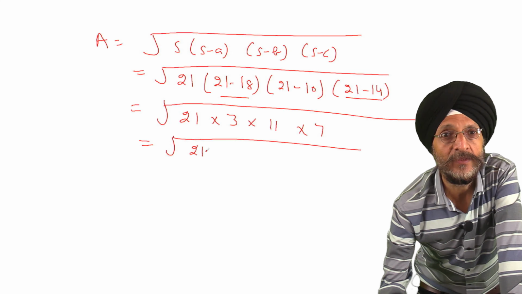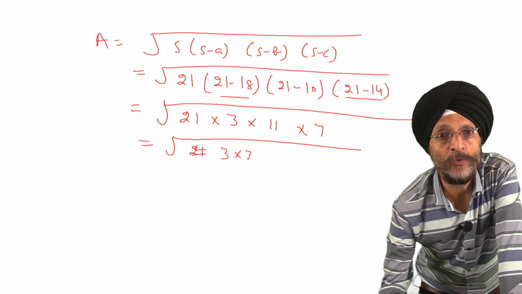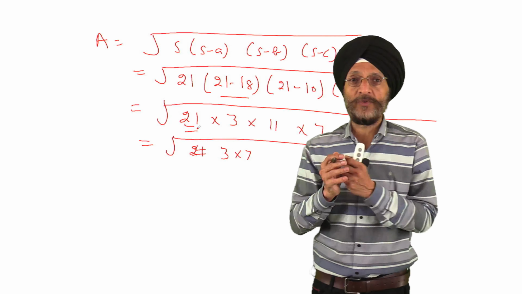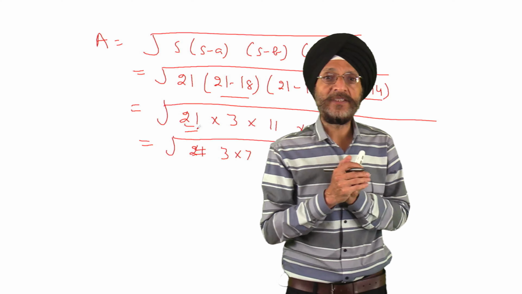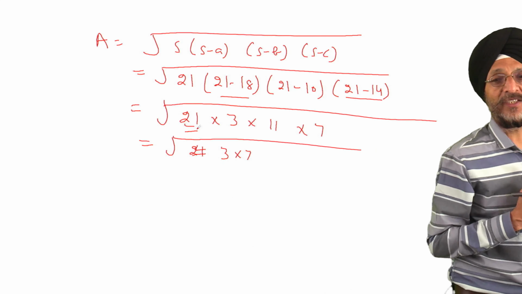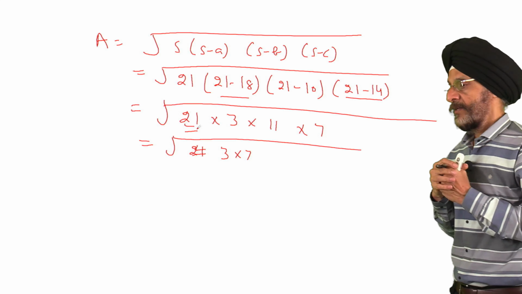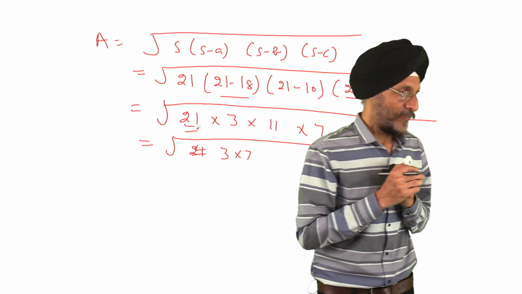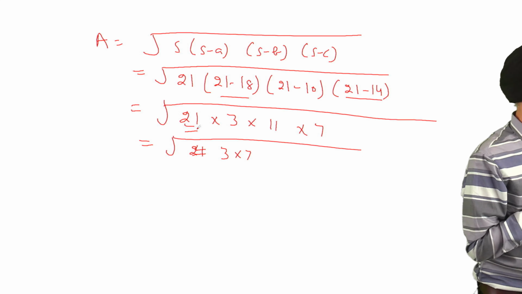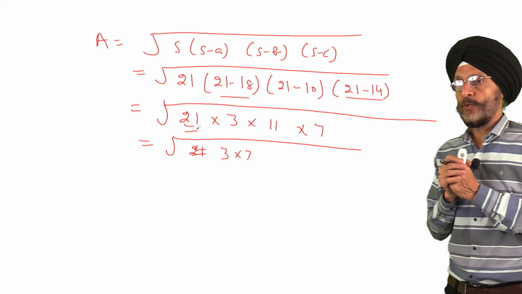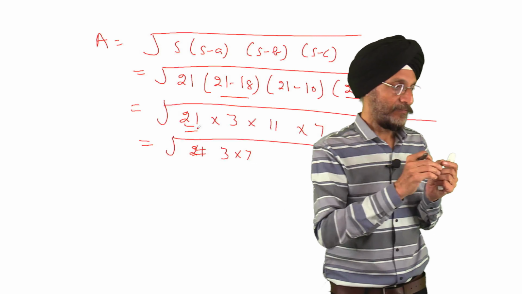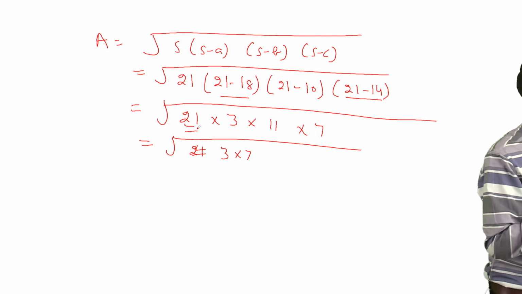21, we can write 21 as 3 into 7. We will do prime factorization of 21. What is prime factorization? Prime factorization is the process by which prime numbers are found. Prime numbers are those numbers which can be divided by itself and by 1 only.